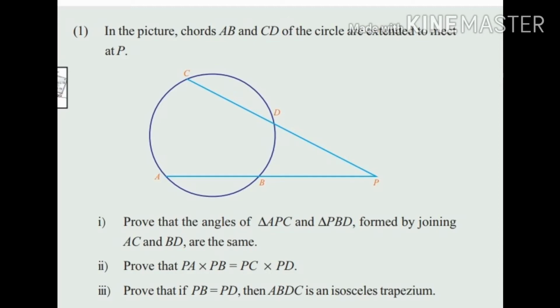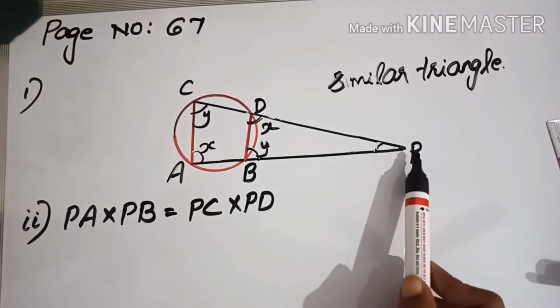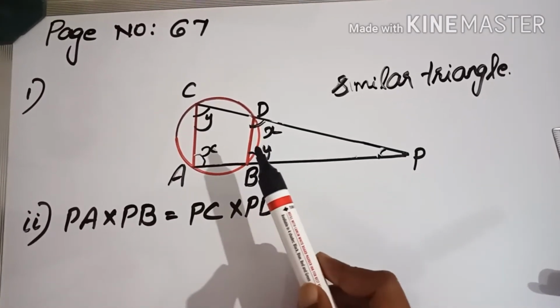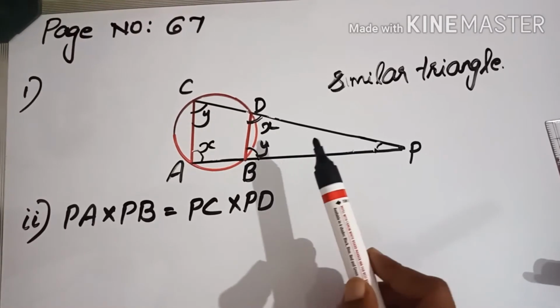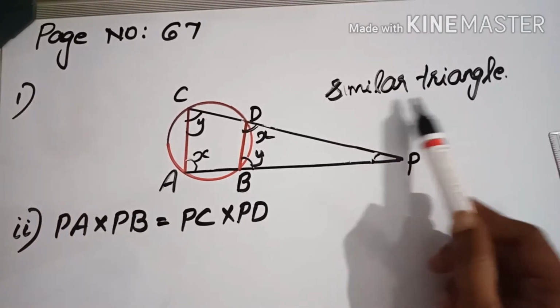Now the second sub-question is, prove that PA into PB equal to PC into PD. In order to prove this we can use the first sub-question, where we proved that these two triangles have the same angles. In 9th standard we have learned that if two triangles have the same angles, then those two triangles are similar triangles.